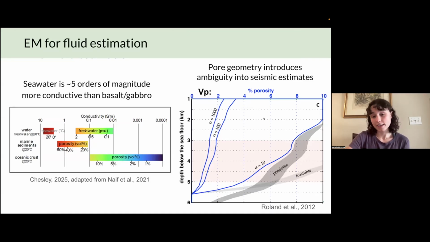And you can see there are 3 curves here, and each curve represents a different value of alpha, which is the pore aspect ratio. And so you can see that varying the pore aspect ratio or your assumption of the pore aspect ratio by a couple orders of magnitude gives you a pretty different estimate for porosity. So, these results are very useful, but it's also helpful to have an independent data set to sort of narrow down some of this ambiguity.